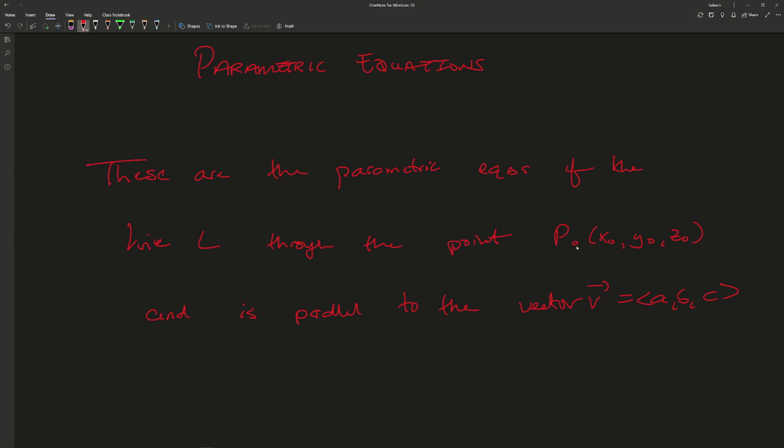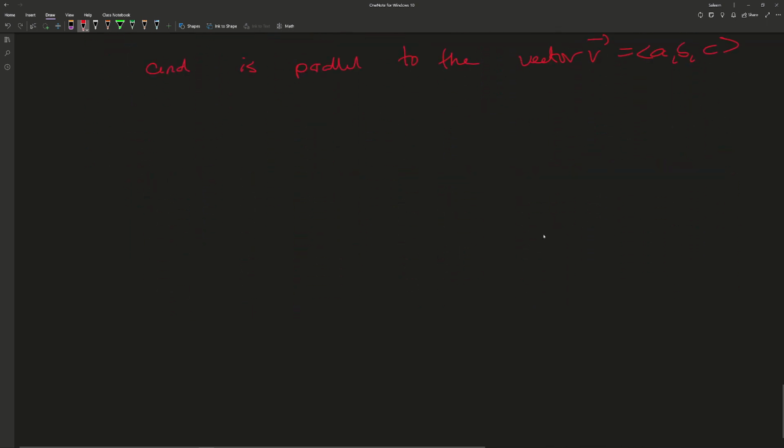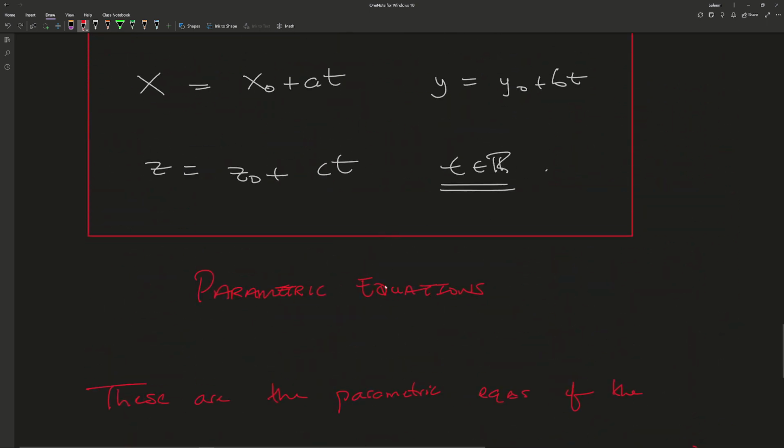Each value we set of the parameter gives a point (x, y, z) on the line L. So these are the parametric equations.